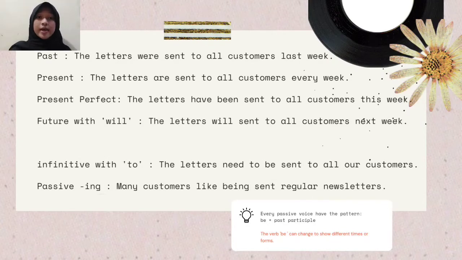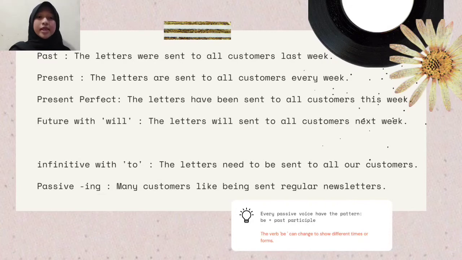There are also passive infinitives with to. The letters need to be sent to all customers. And there are passive ing forms. For example, many customers like being sent regular newsletters. You can see the same pattern every time, be plus past participle.